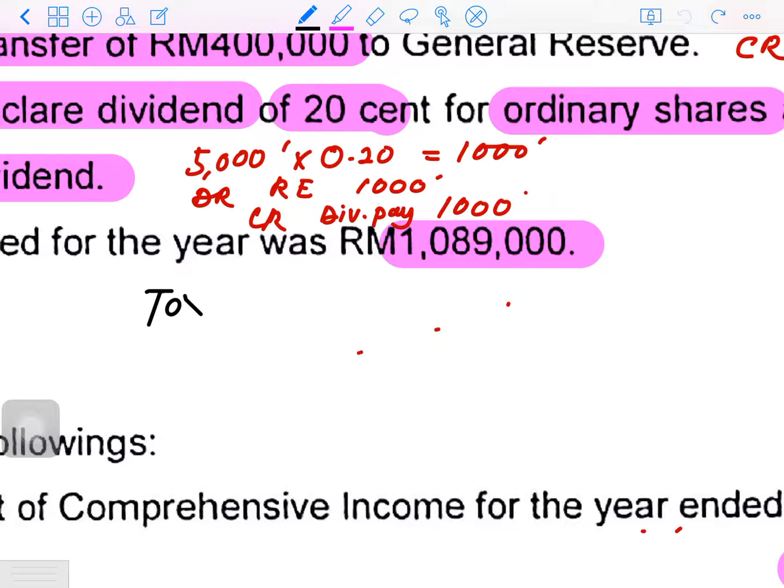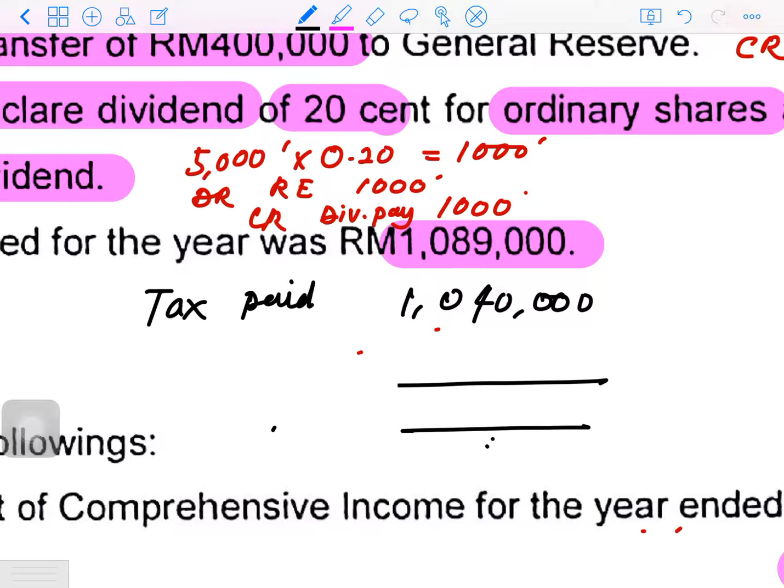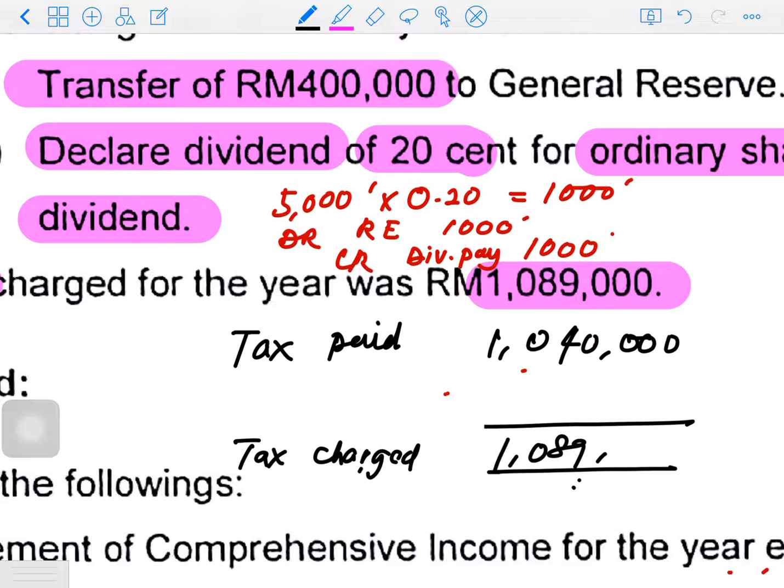The tax you have to charge should be 1,089. Therefore, you have to add how much?